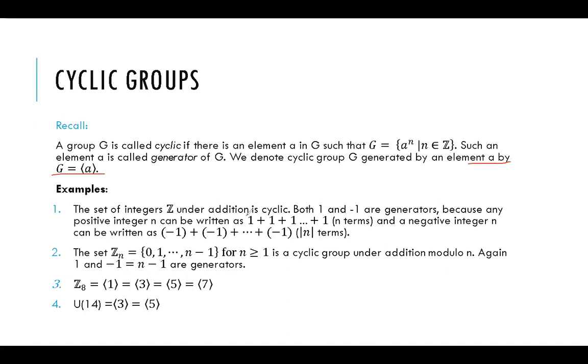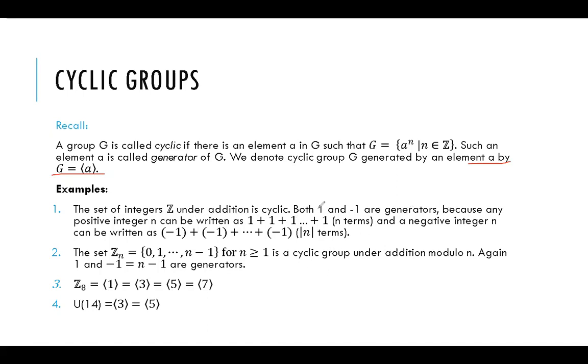The set of integers Z under addition is a cyclic group, and it has only two generators, 1 and -1. Both of these elements generate the cyclic group of integers under the operation of addition.